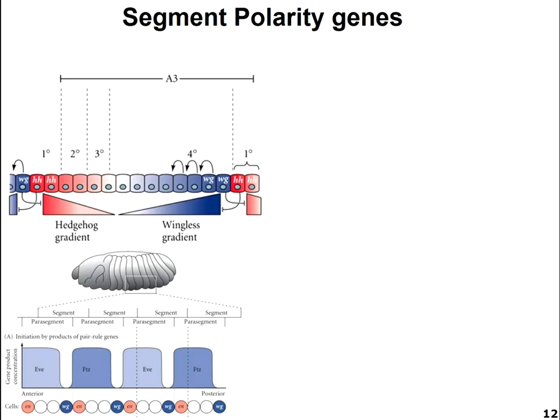So cells that are in a more posterior position express wingless, while cells that are more in an anterior position inside a parasegment express hedgehog. And these proteins, when translated, form a gradient, a posterior to anterior gradient in the case of wingless, and an anterior to posterior gradient in the case of hedgehog.